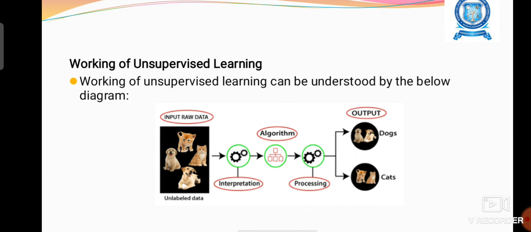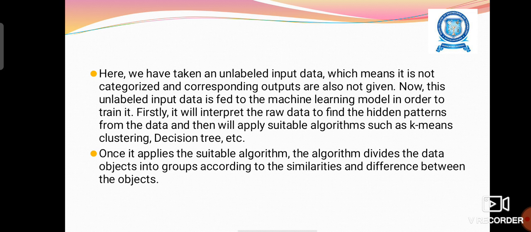For example, one kind of structure is classified as dogs, another kind of animal is classified as cats. So based upon similarity and dissimilarity, it can classify the data into different groups. This is called classification. So classification is one of the tasks performed by unsupervised learning. There are several unsupervised learning algorithms, such as k-means clustering, decision tree, etc.